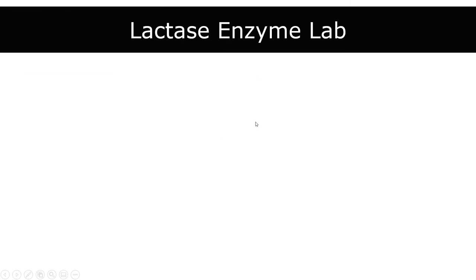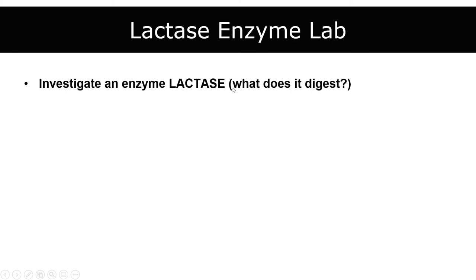When we did the lactase enzyme lab, I asked you, hey, what is lactase? Like, what can you guess it to choose up? And if you were looking at the front of the name, you can guess that lactase is the enzyme that digests lactose, right? And so that would be correct, right?